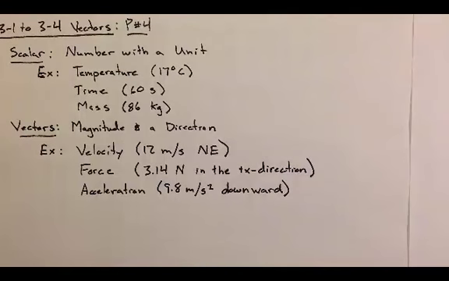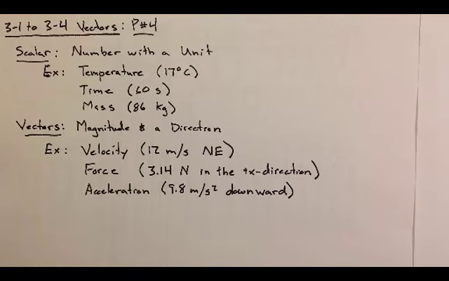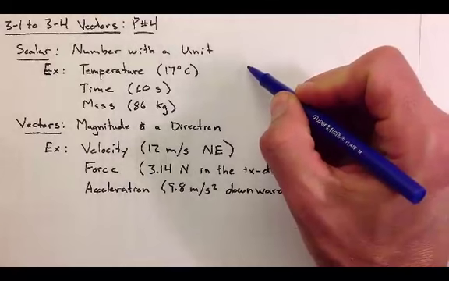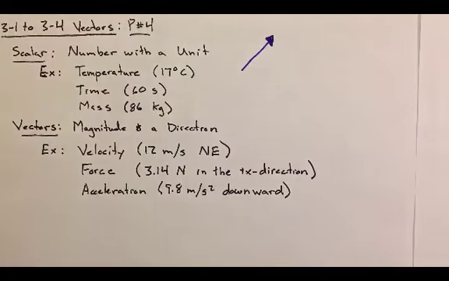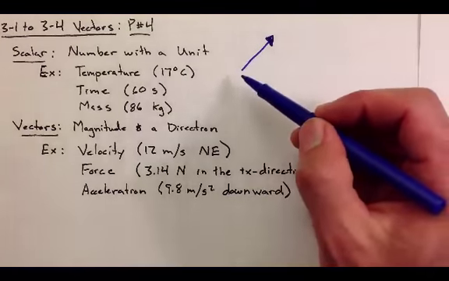Mathematically speaking, we draw vectors like this. If I were to draw vector A, I might draw it like this. The length of my arrow, my vector, is the magnitude.